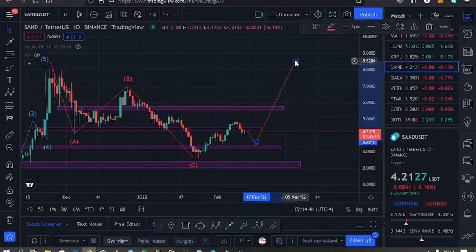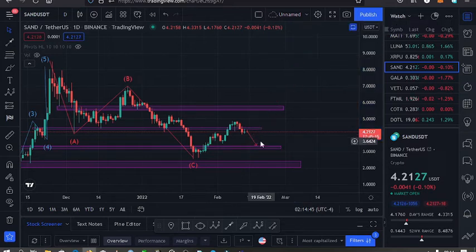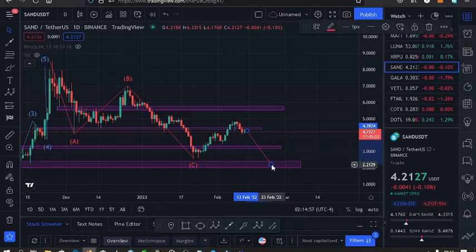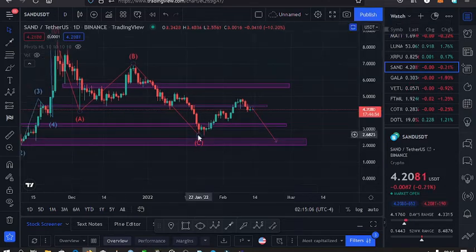Also note that it is not a must that the move plays out that way. We can find support there, touch that support and then break below it and maybe reach the $2.2 support zone that we have below, around this zone over here. And note that that will be still in our ABC correction.